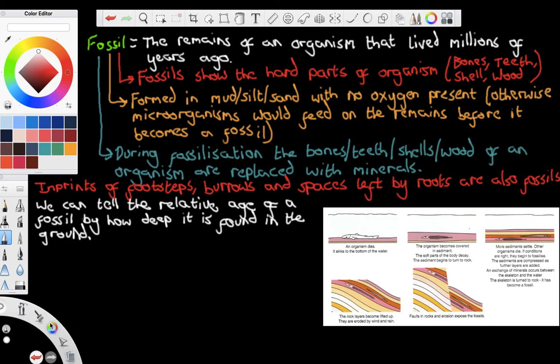And then we can say, I'm going to put in red, the deeper the fossil, the older it is.